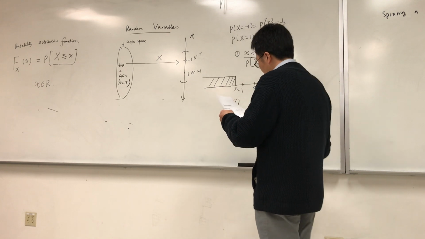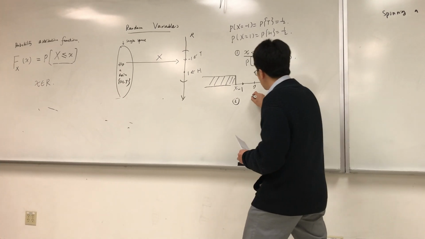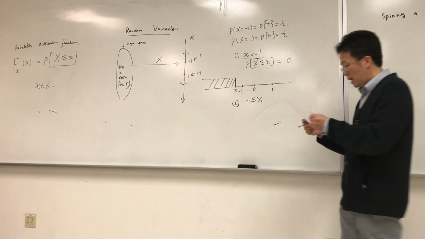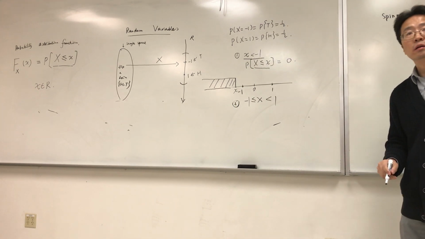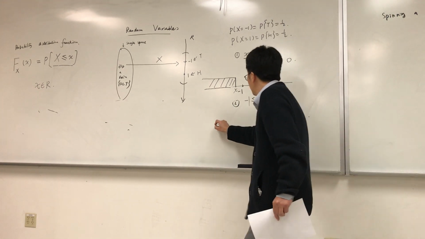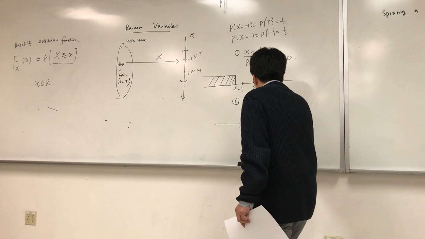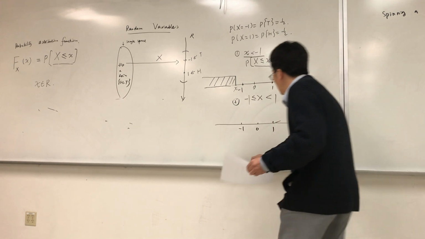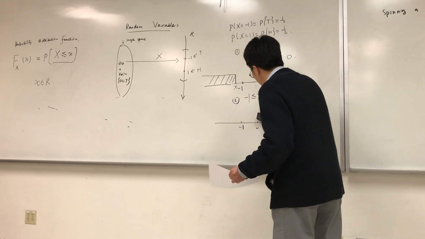Second case, when the realization is larger or equal to -1 but less than 1. In this case you can see -1, 1, 0. Let's not label the 0 here because it's not so important for us.